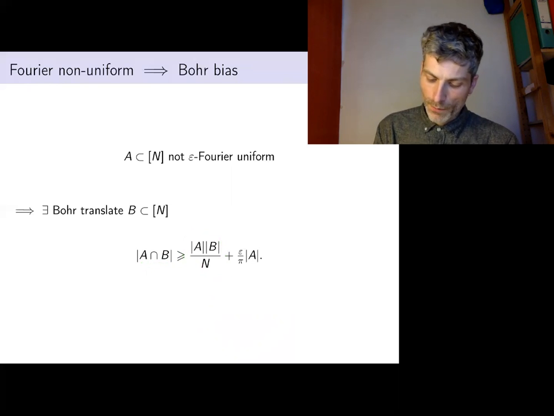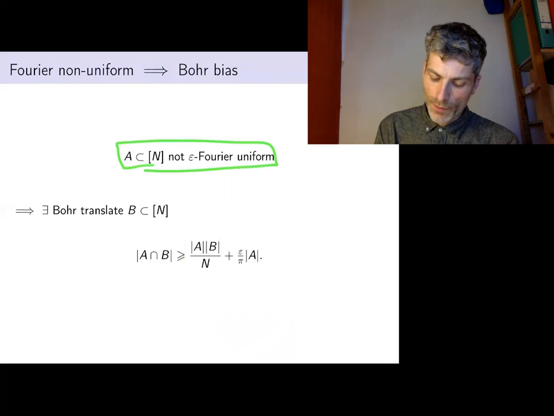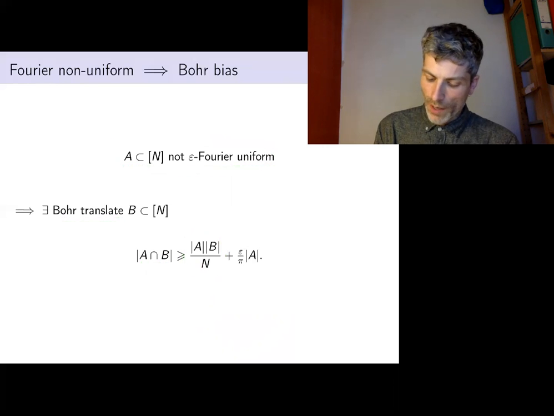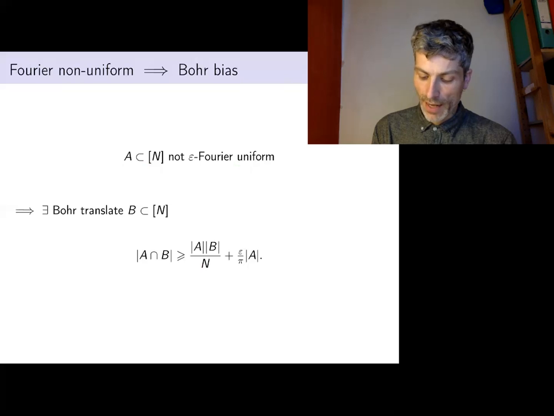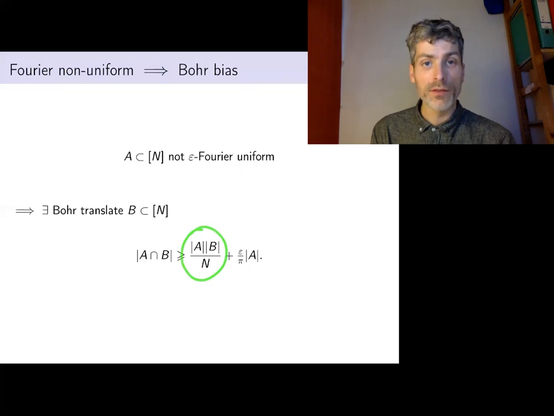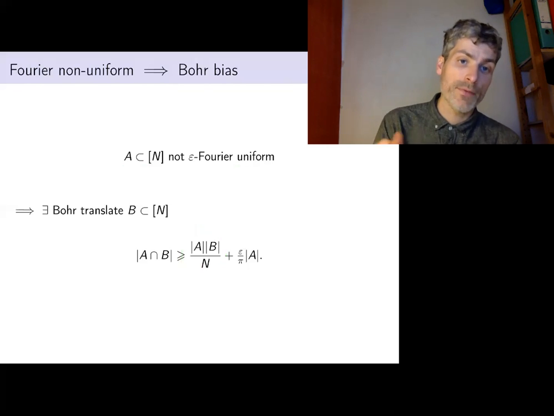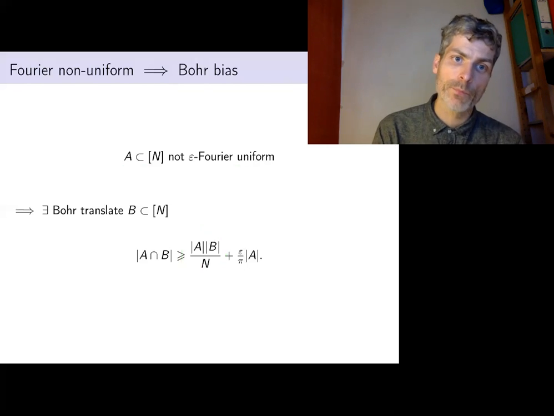But because you're not epsilon Fourier uniform, there is some translate where you get this extra proportion of points, a positive proportion of your points in this set lie in this Bohr translate above and beyond the naive expectation. So Fourier non-uniformity definitely exhibits Bohr structure.